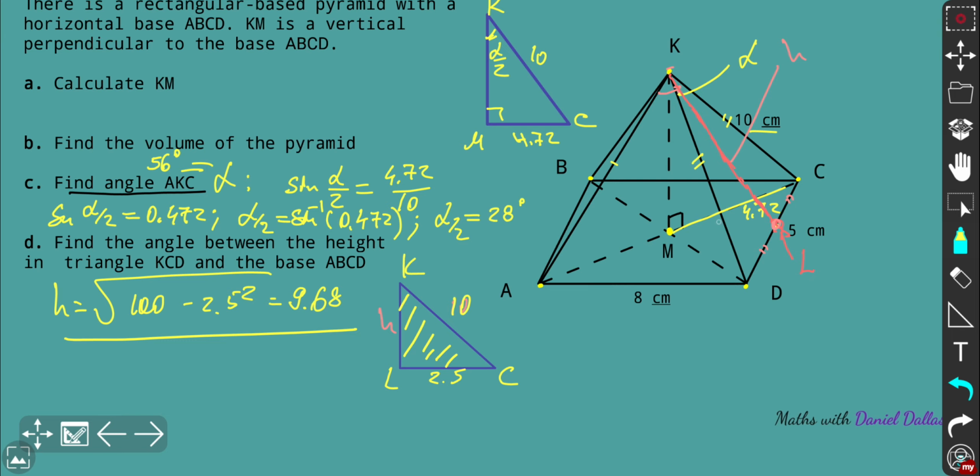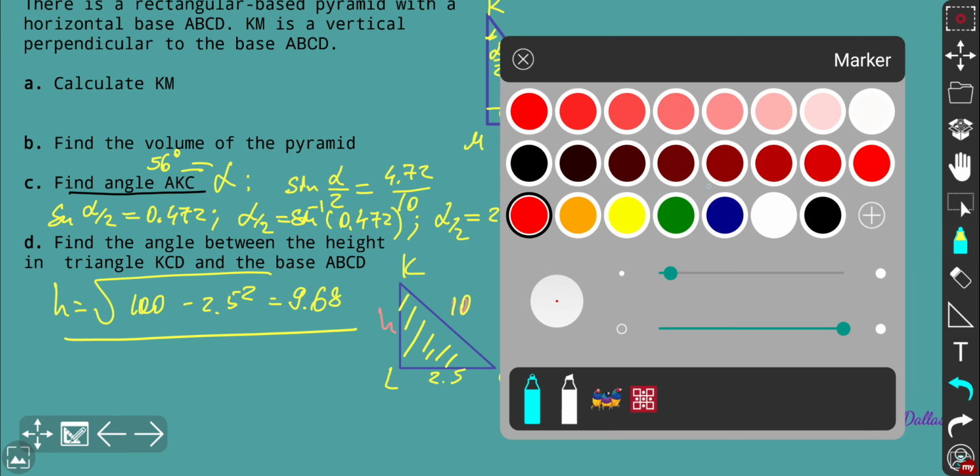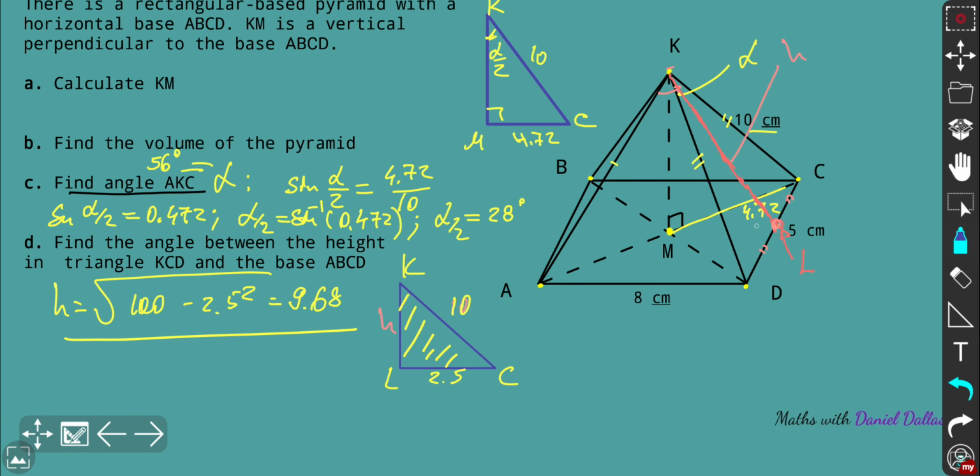BCDA. So the angle that it will make with the base is going to be simply here. If you put a projection like this, from this height, you'll get the shadow, let's say ML. So the shadow ML will have the half of 8, so you know it's 4.